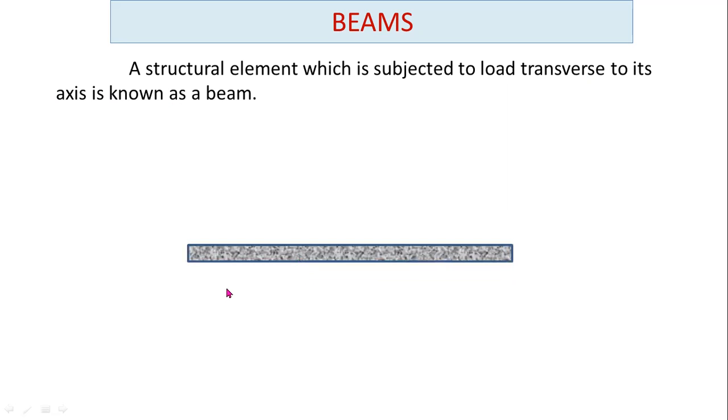Let's consider a horizontal beam AB. F1 and F2 are the two transverse loads. That means these loads are perpendicular to the axis of the beam.